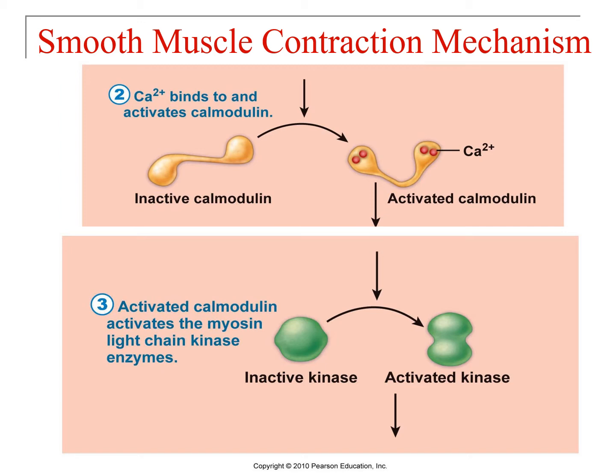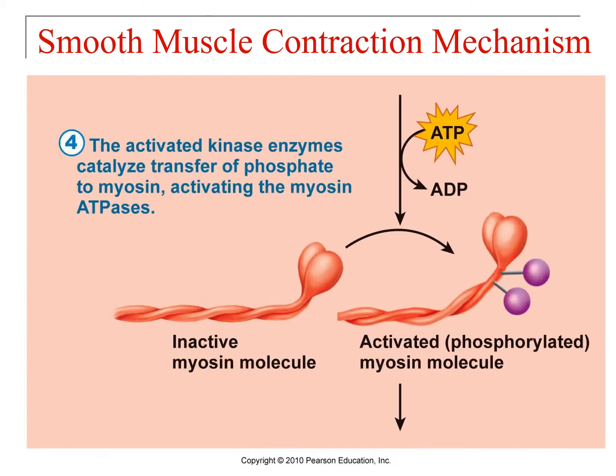That activated form will change inactive myosin light chain kinases into activated myosin light chain kinases. Here I want to remind you that kinases are enzymes that add phosphorus to another molecule. These activated kinases are going to phosphorylate other proteins, and in this case, the protein they phosphorylate is myosin.